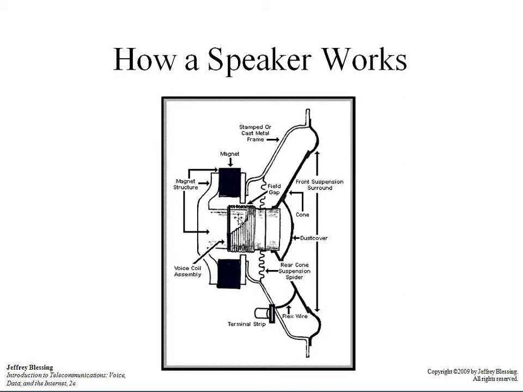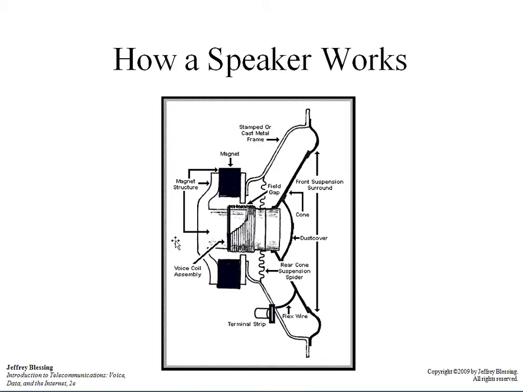We turn on the power, and a magnetic field is wrapped around this coil. That magnetic field is going to interfere and interact with this other magnetic field given by this round toroidal magnet. The interaction of those two magnetic fields is what's going to make the speaker work.